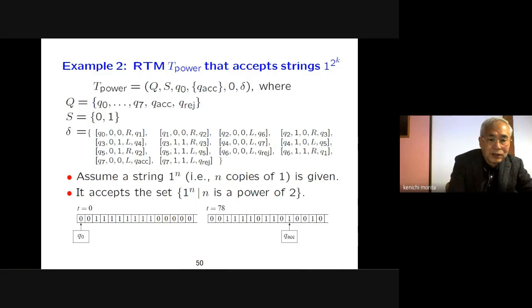The second example is a little bit complex. It is T Power. It is defined in this way. We assume a string 1 to the n, namely n copies of 1, is given. Then it accepts if n is a power of 2. Okay. For example, if we give a unary number 8, then it is accepted.